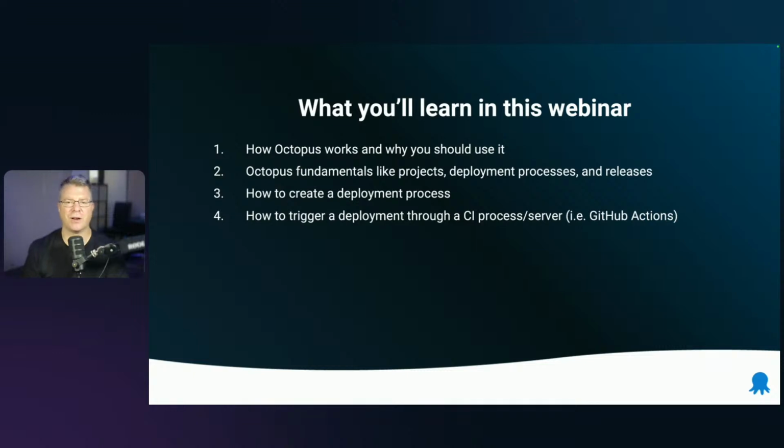But it is somewhere where a lot of developers are comfortable talking about where their pipeline begins. So we'll talk about how you can trigger a deployment from a CI process or server. And we'll use GitHub Actions as an example, but as you'll see, you can use Azure DevOps, you can use Jenkins, you can use BuildKite. There's a lot of different CI processes, servers that you can use for this process. And we'll talk about that in this webinar.